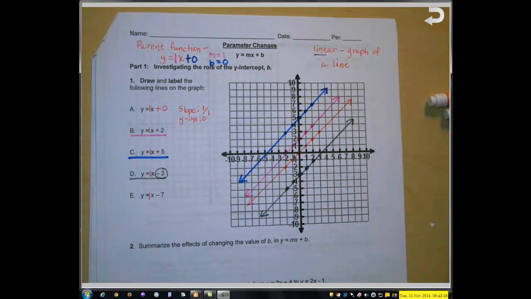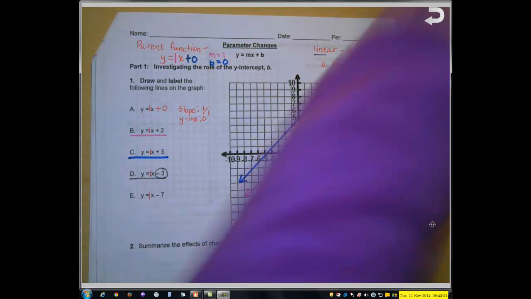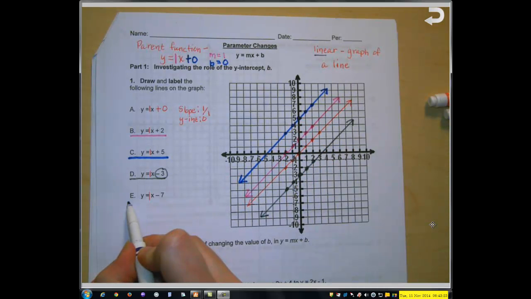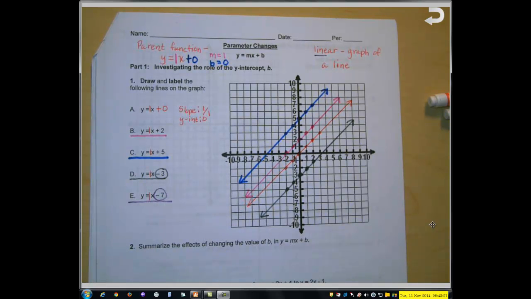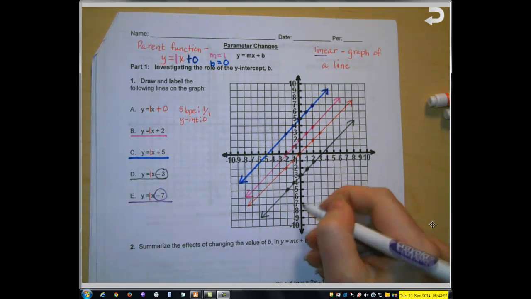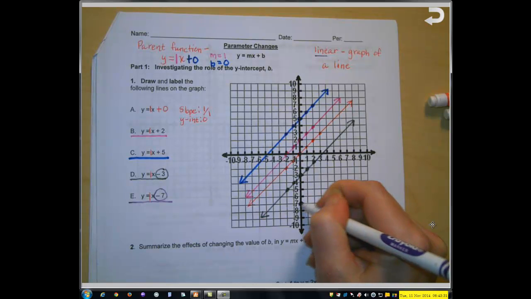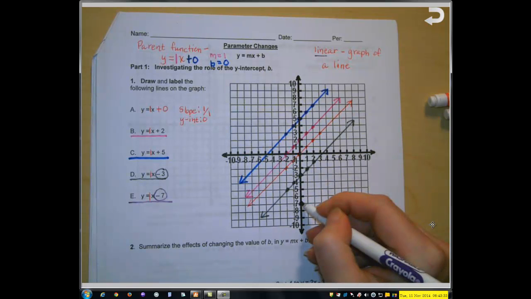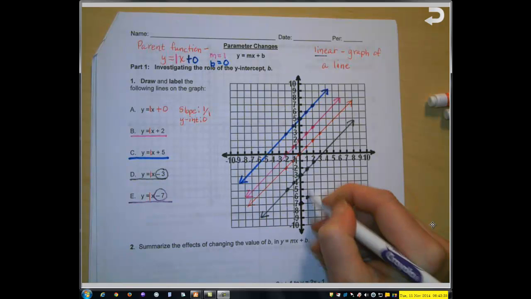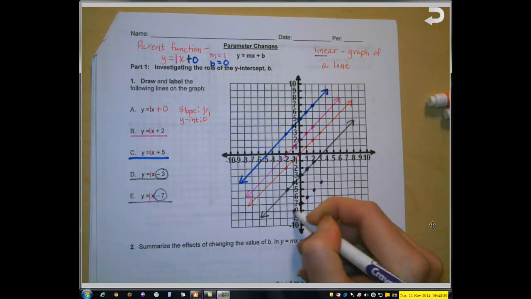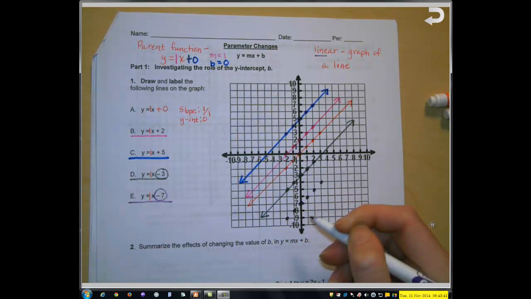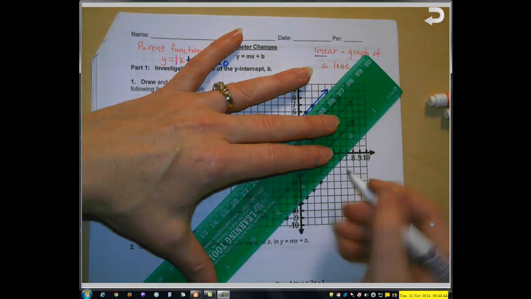Okay, and the last one we're going to graph is y equals x minus 7. So our y-intercept this time has changed to -7, and our slope is still 1. So all of these lines have the same slope but different y-intercepts.